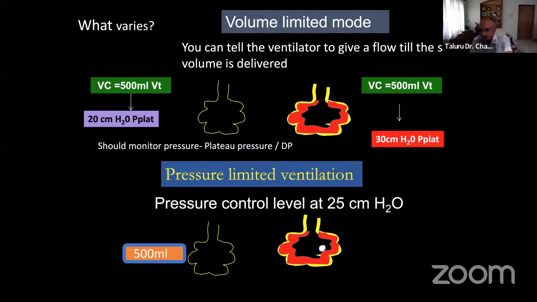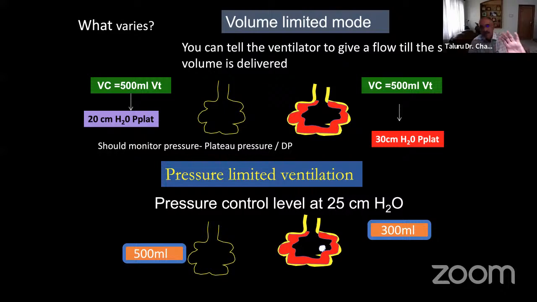So the pressure is achieved for a lesser volume. So 300 ml. Now I want 500 ml. What should I increase? Is there a volume button here in pressure control or pressure support ventilation? Can somebody type, what should I increase now? That is the pressure limit.